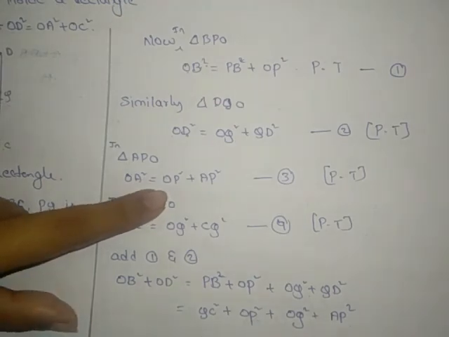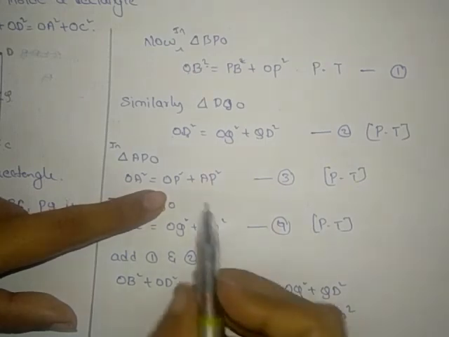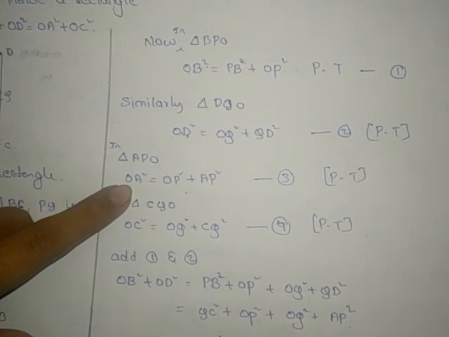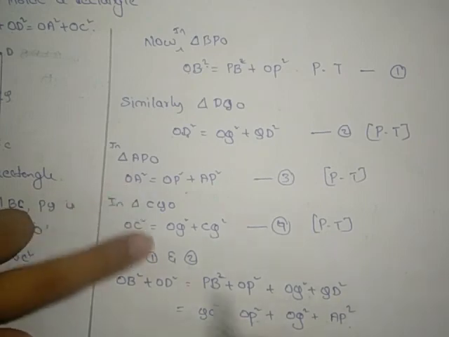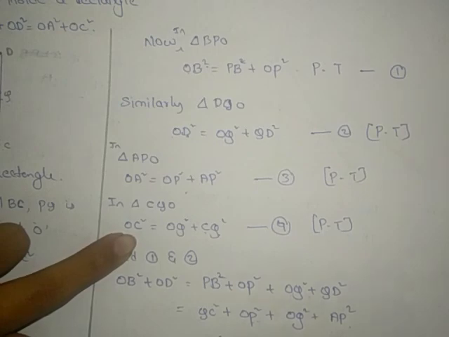We'll write them aside and we'll compare them. OP square plus AP square, and the remaining two terms are QC square plus OQ square, right? OP square plus AP square means what? OA square. So we'll substitute it here, right? Plus here also the same thing. QC square plus OQ square means OC square.